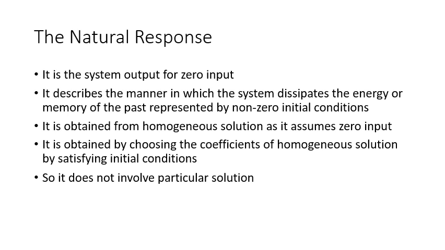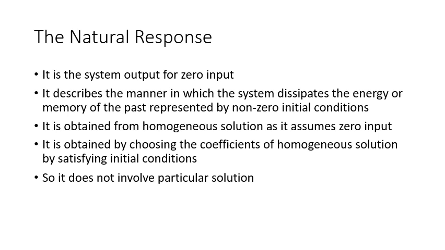Natural response is the output of the system when the input is 0. It describes the manner in which the system dissipates energy, or the memory of the past presented by non-zero initial conditions.